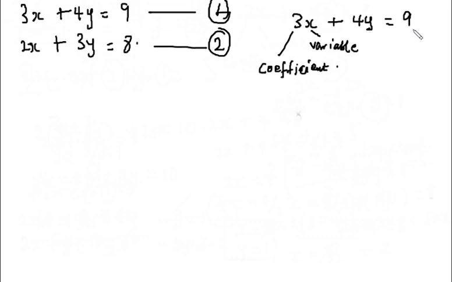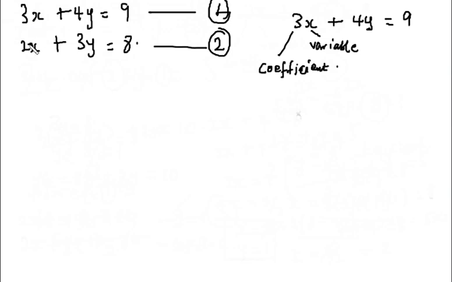Note that in the elimination method, your goal is to make the coefficient of a variable, say x, the same for the two equations.